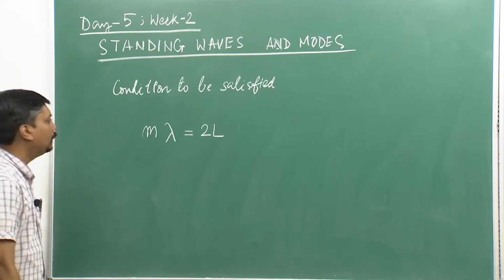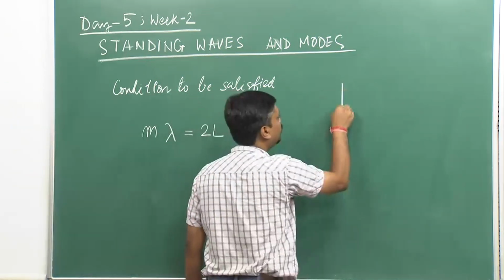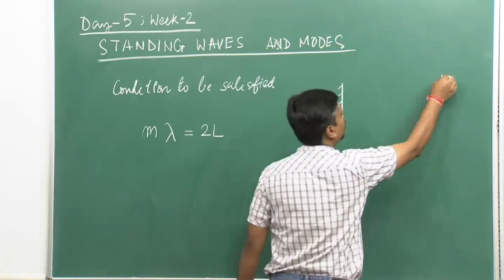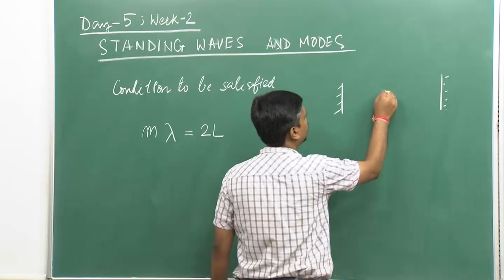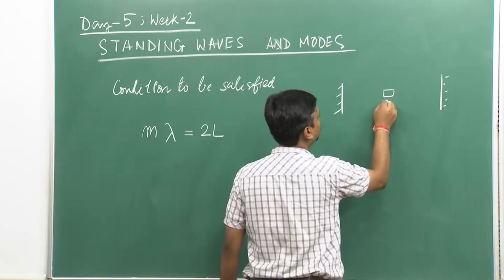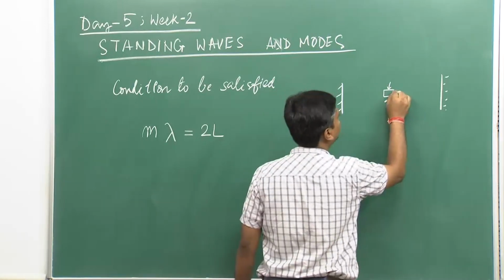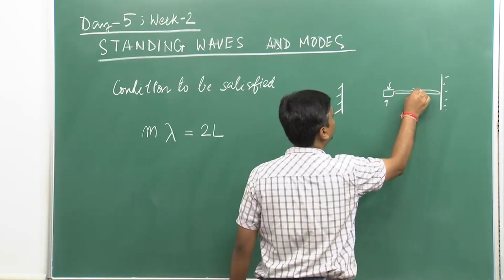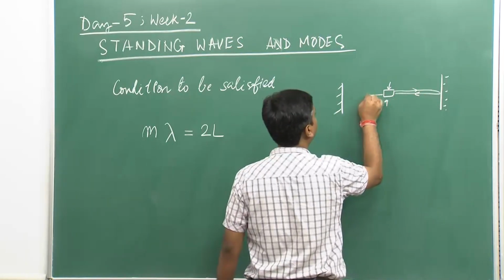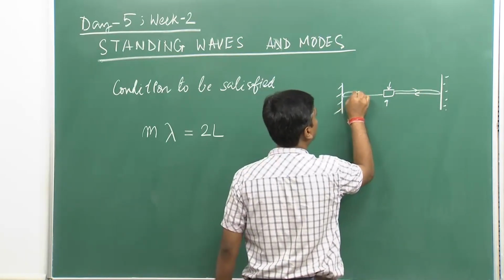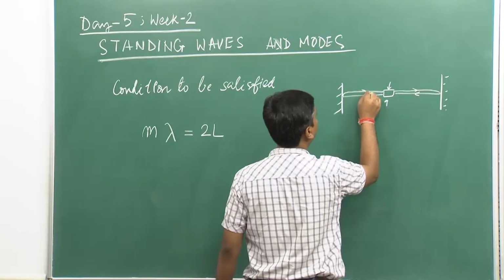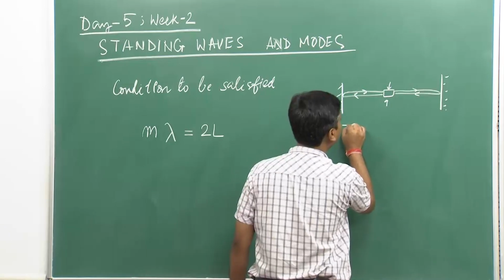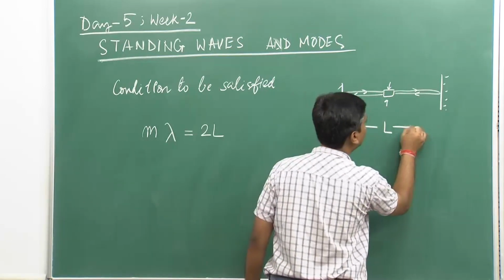We created this cavity, right? You have this active medium here. You are pumping, and then your light is going and bouncing off between these two. The length of this cavity is L.